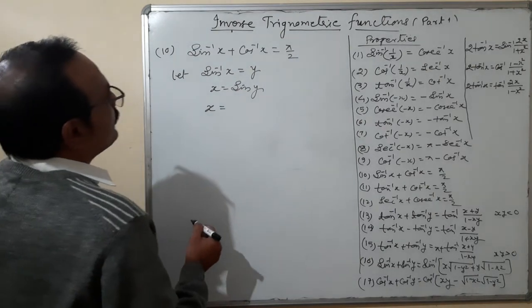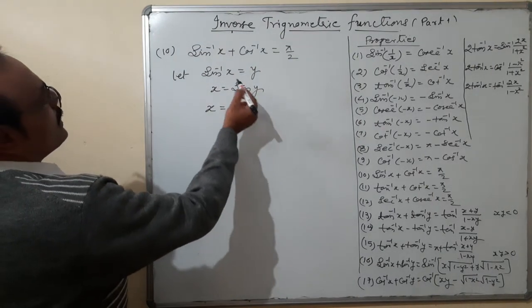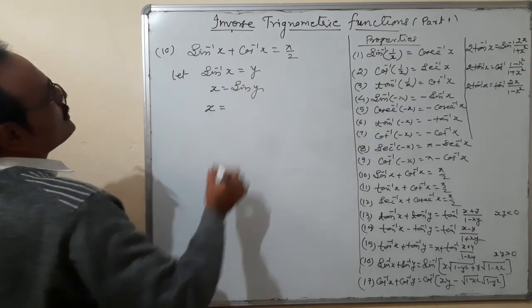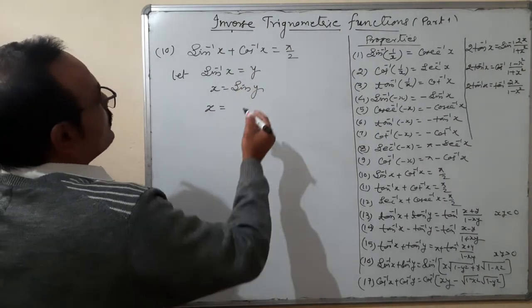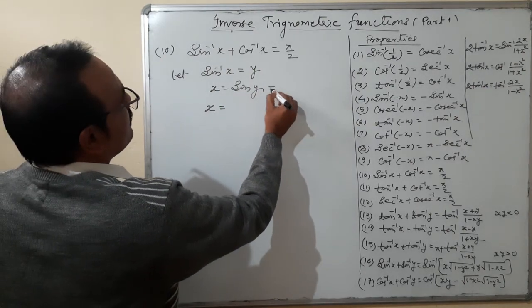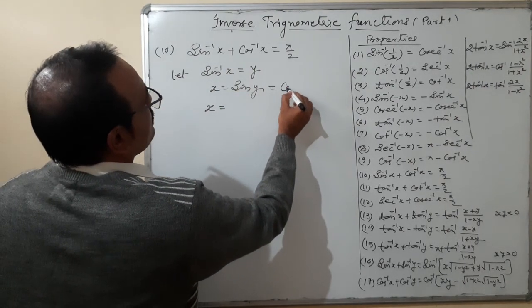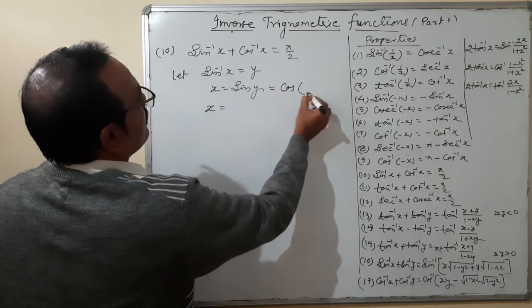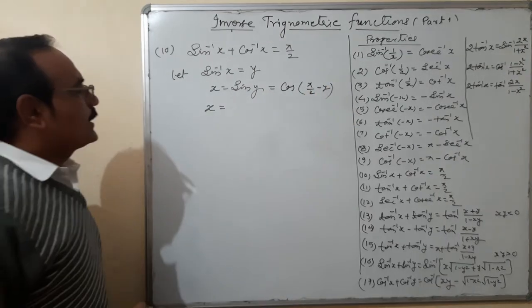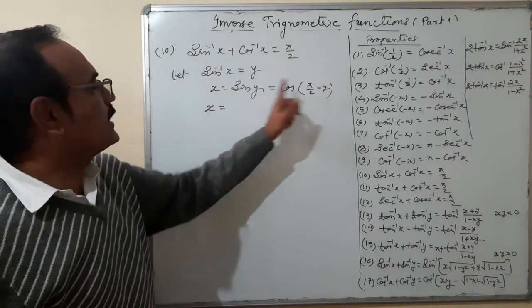Now I'll put the value here. In place of sine inverse x, y, plus cos inverse x. Cos inverse x means this can be written as cos of pi by 2 minus y, because cos of 90 minus theta is equal to sine theta.